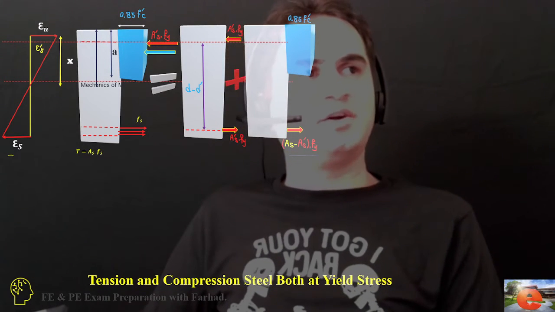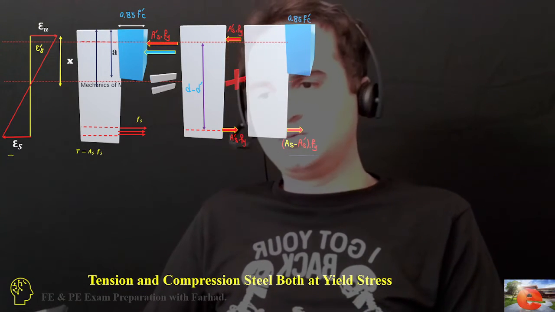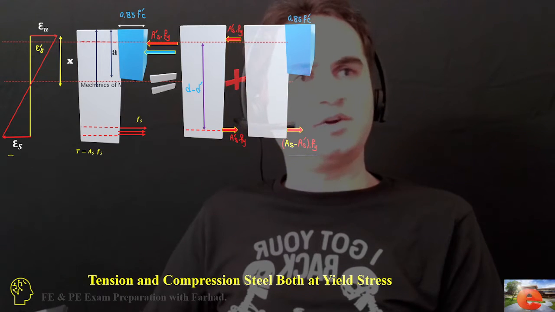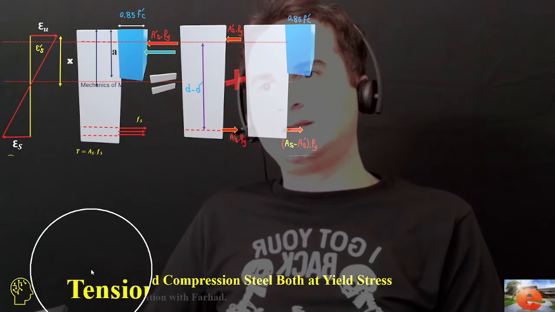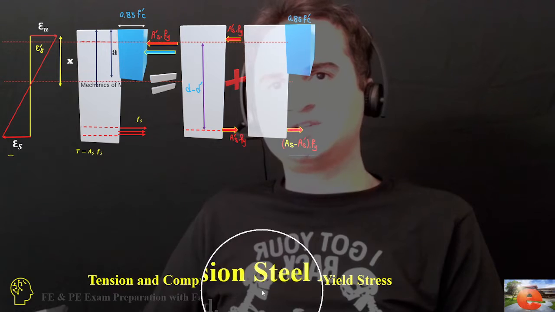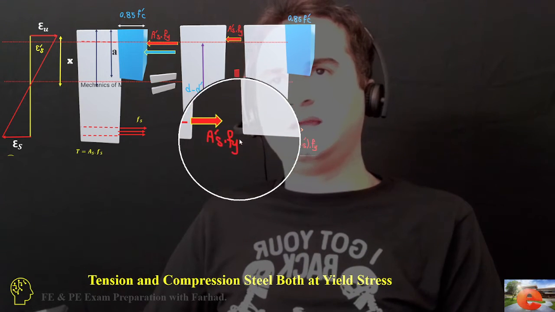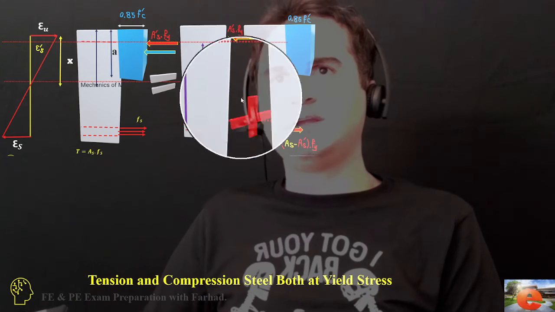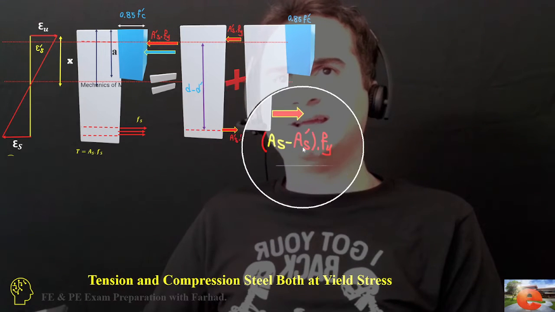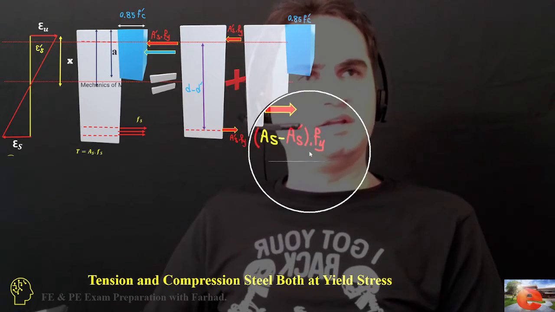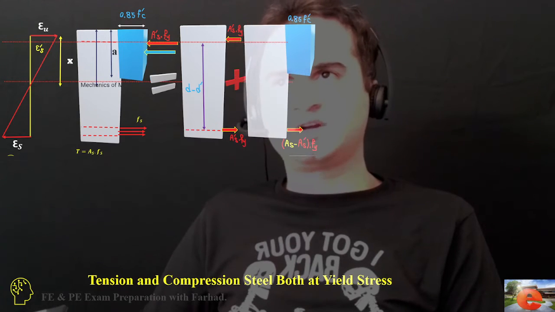Let's go for the simplest scenario, where both the tensile and compression steel are at yield. So we have A'_s times f_y and also A_s at yield. Both of them are in yield condition.